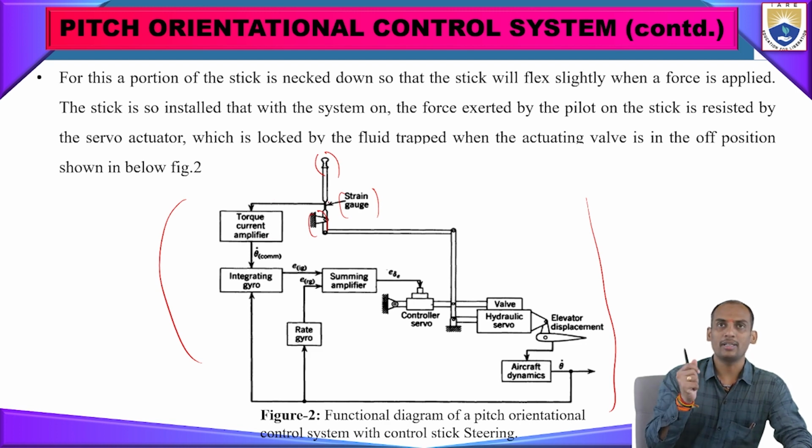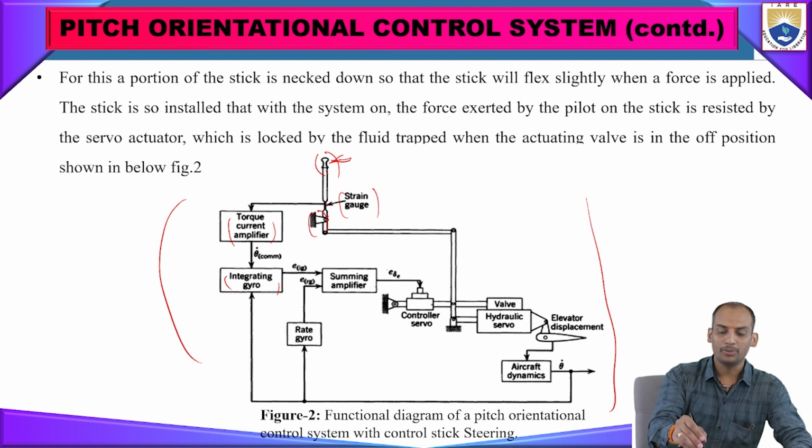When we operate the movement, the force applied in this direction, multiplied by the distance, becomes a torque operating on this point. The torque amplifier is like a voltage amplifier only. Whenever we give the signal, it will be amplified, and that amplified signal will be given to the integrated gyro system. That gyro system will give its direct motion.